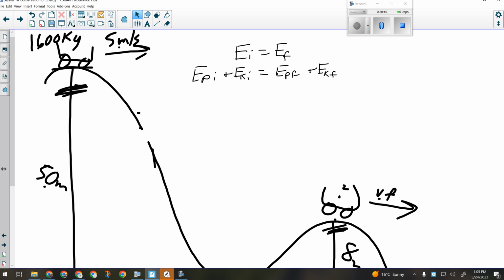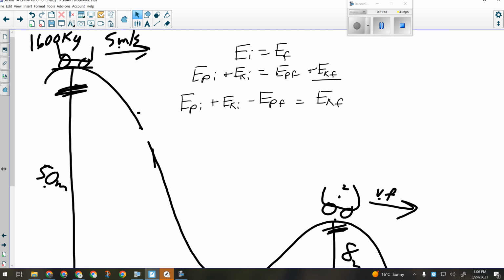Now, what I'm looking for, VF, is part of this, so I want to isolate that before I plug in the formulas. What do I have to move? EPF. How do I do that? Subtract it over to the other side. So I'm going to have initial potential plus initial kinetic minus final potential equals final kinetic.